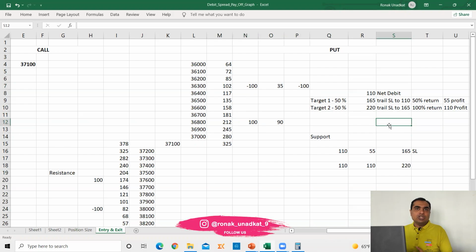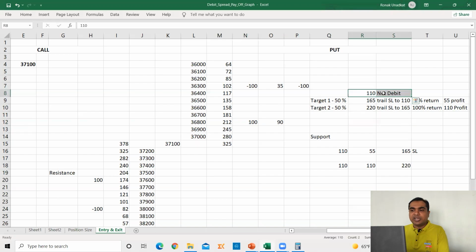Once you enter into the trade, there will be two scenarios: either the market will go in your favor or the market will go against you. So let's discuss both scenarios. First, if the market goes in your favor, let's say the market started going down and your net debit was 110. As the market goes down, your net debit will increase gradually as the market moves in your favor. So that 110 becomes 165.